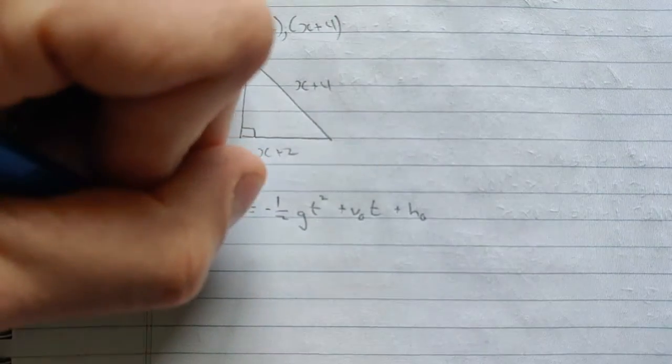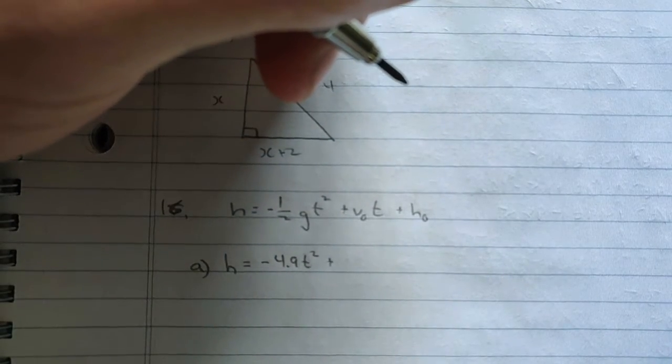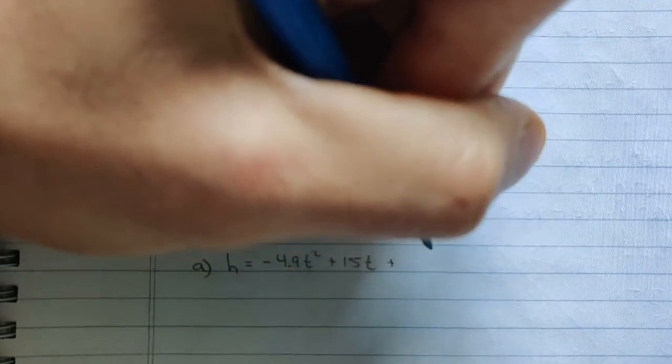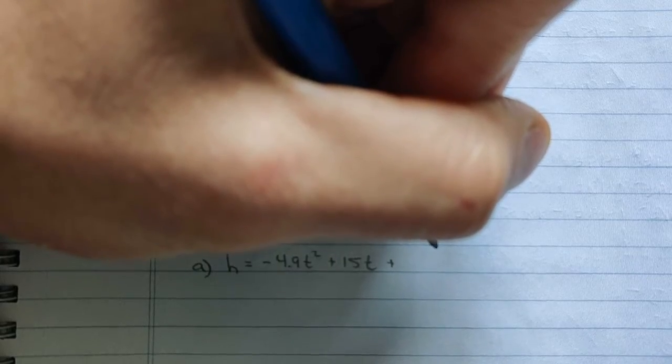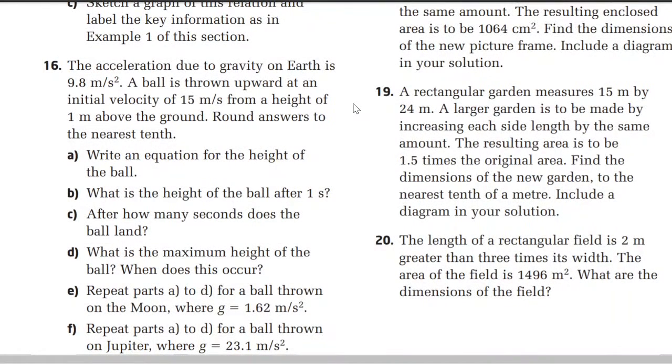So in A, you would have h equals negative 4.9 t squared plus 15 t, since it's 15 meters a second, plus an initial height of 1. Now, as we move down that question, the next part says, what's the height of the ball after 1 second? Sub 1 in for t. Simplify and you'll get h.